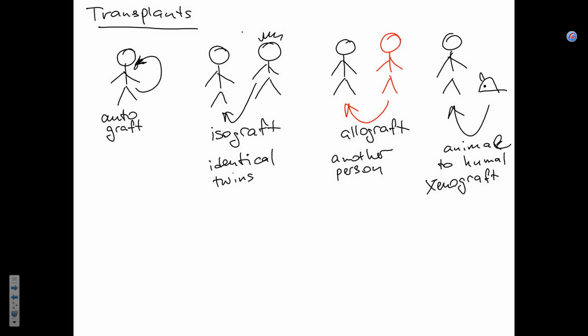They're different, okay? So when people are matched, one of the most important things is to match the MHC molecules as closely as possible. I don't know how many criteria are used now to match the donor and the recipient.